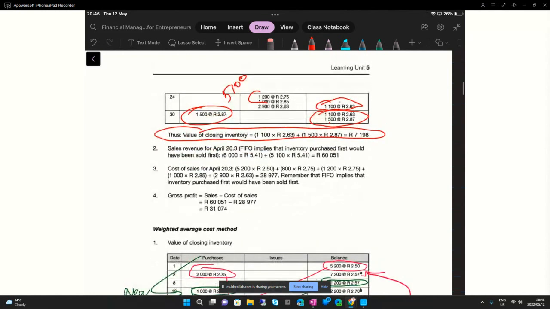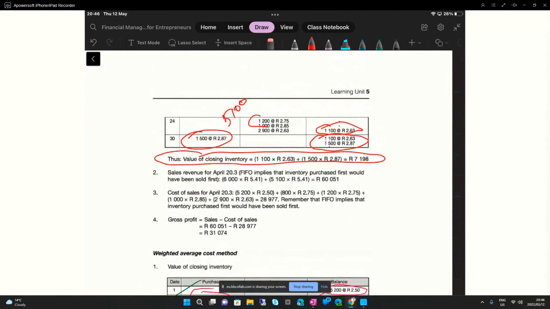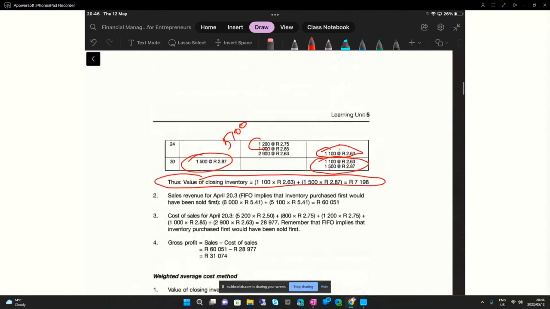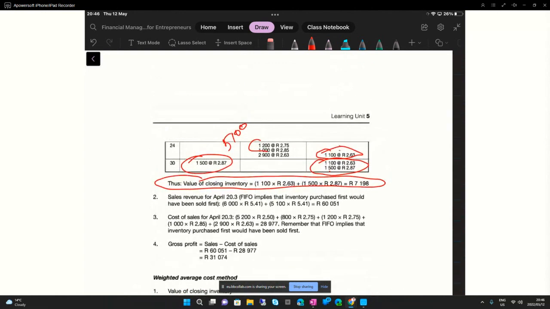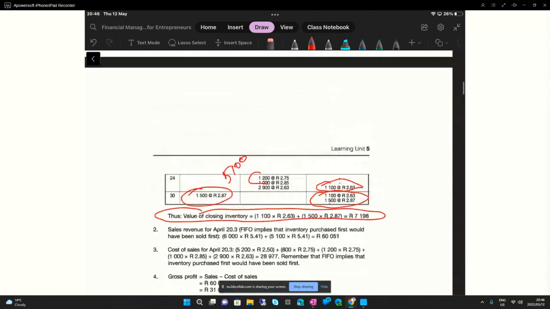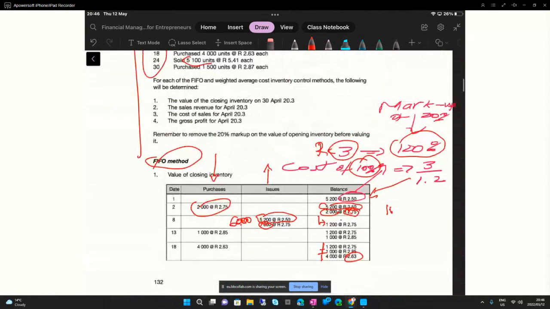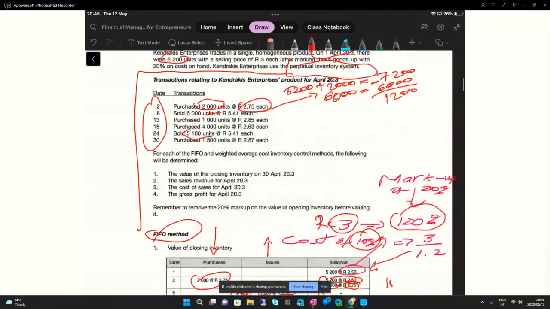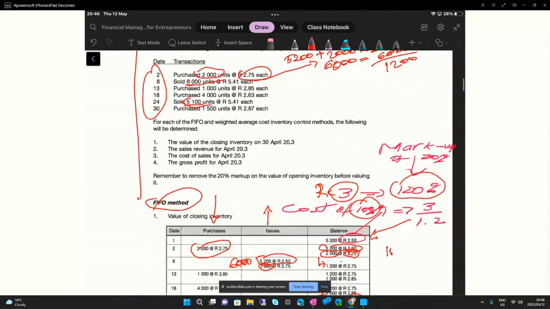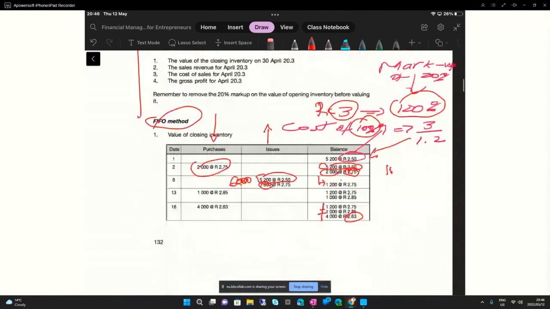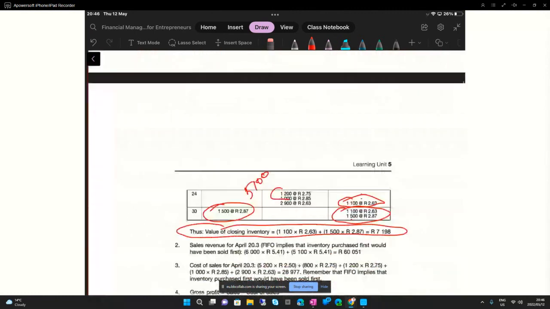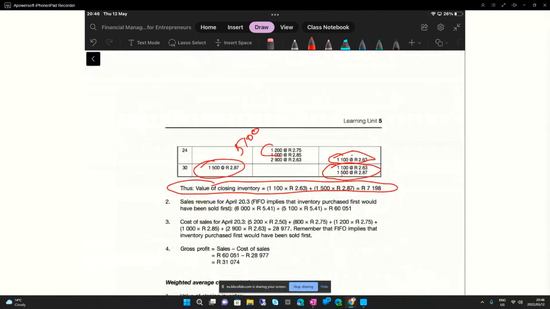And the sales revenue, how do we get the sales revenue? It's pretty simple. As you can see, there is a 6,000 and a 5,100, because remember we sold 6,000 units and 5,100 units, and we sold them at the exact price of 5 rand 41 cents.